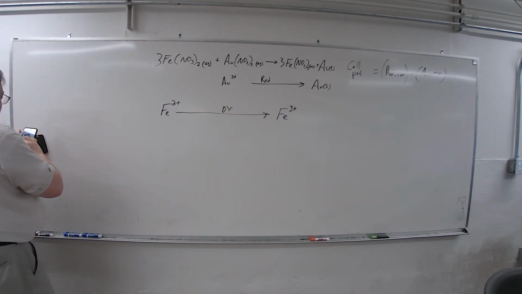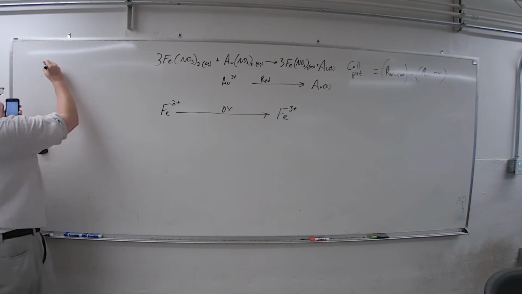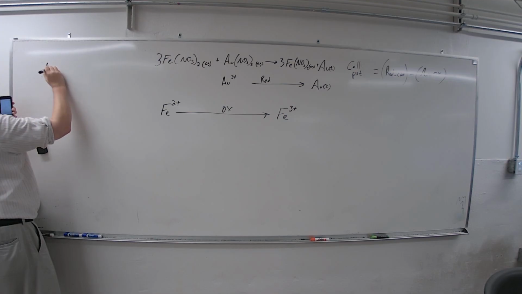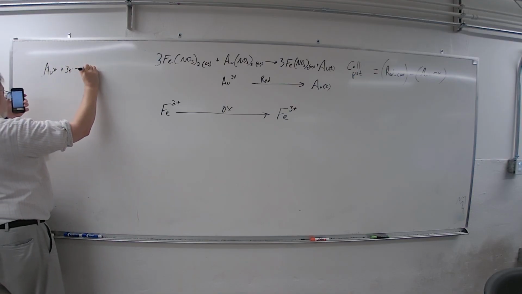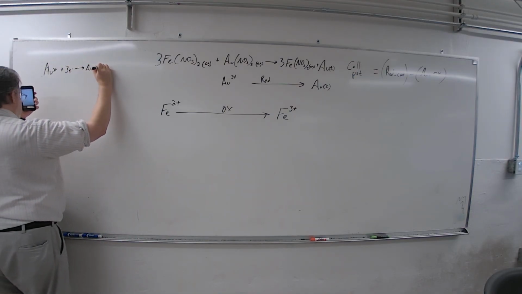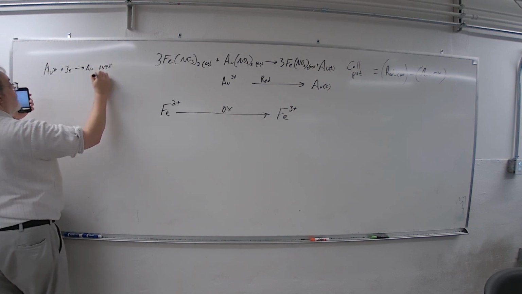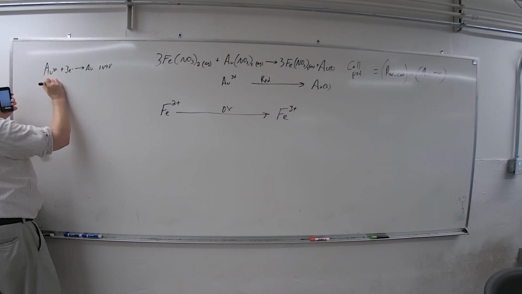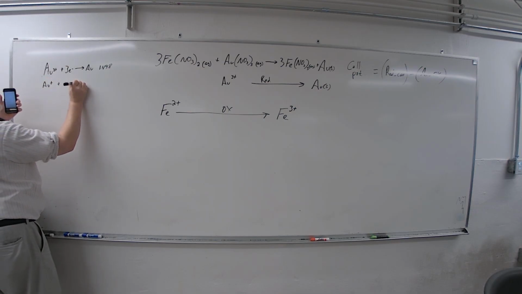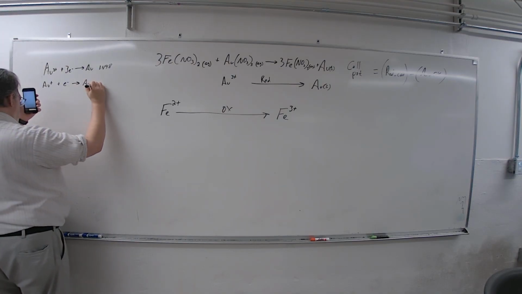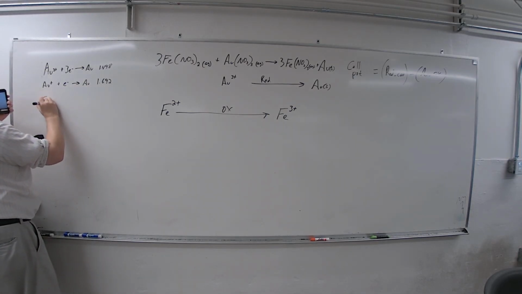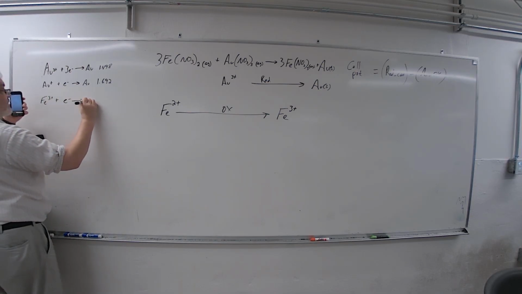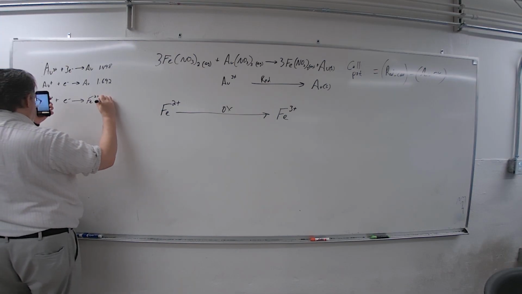All right, and what you're given for information here: Au3 plus 3 electrons is your Au. Given Fe3 plus an electron, Fe2 plus.